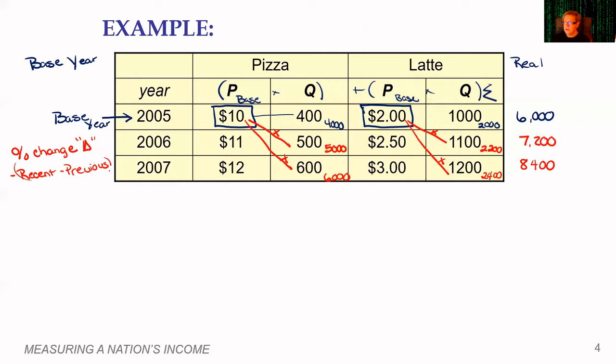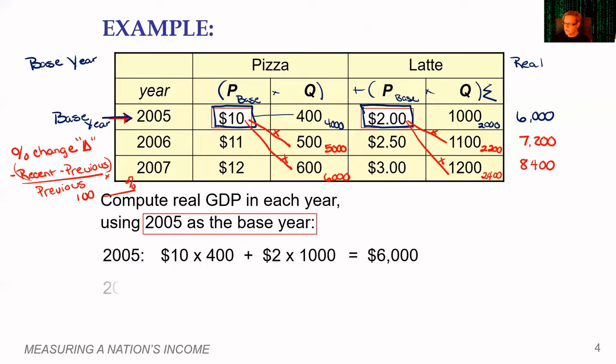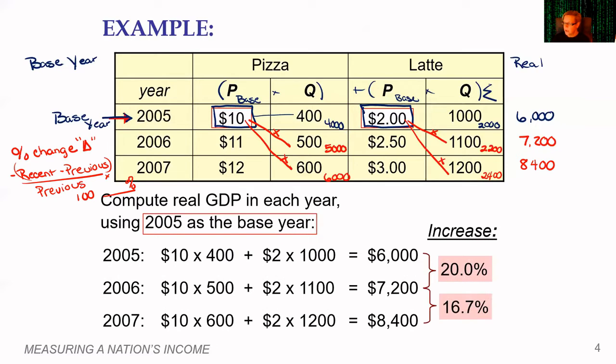Do that first, divided by the previous, times 100, and then express it as a percent. So now we have our answers, right? And where did this 20% come from?